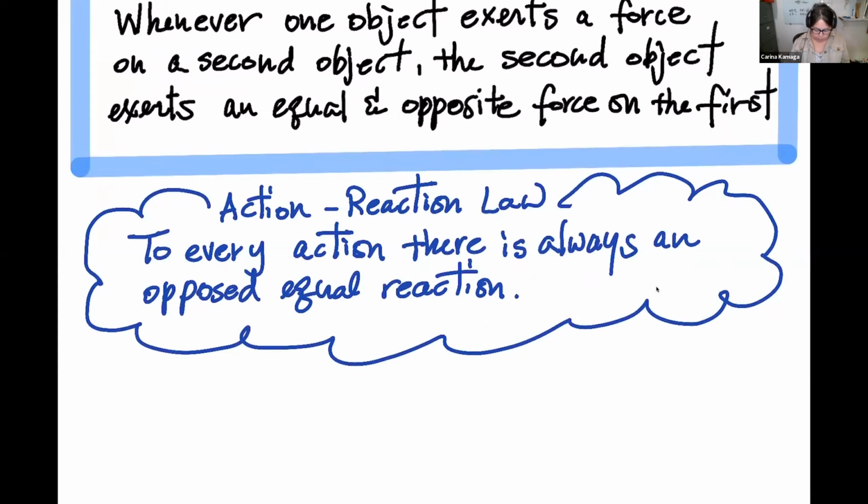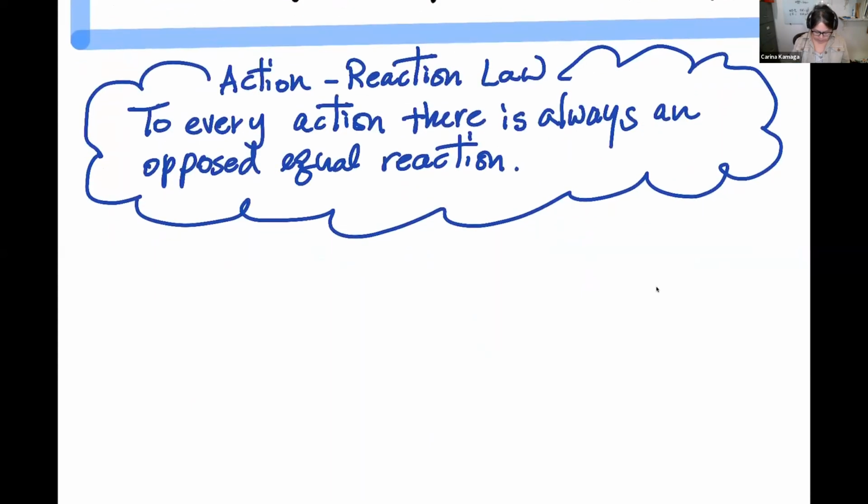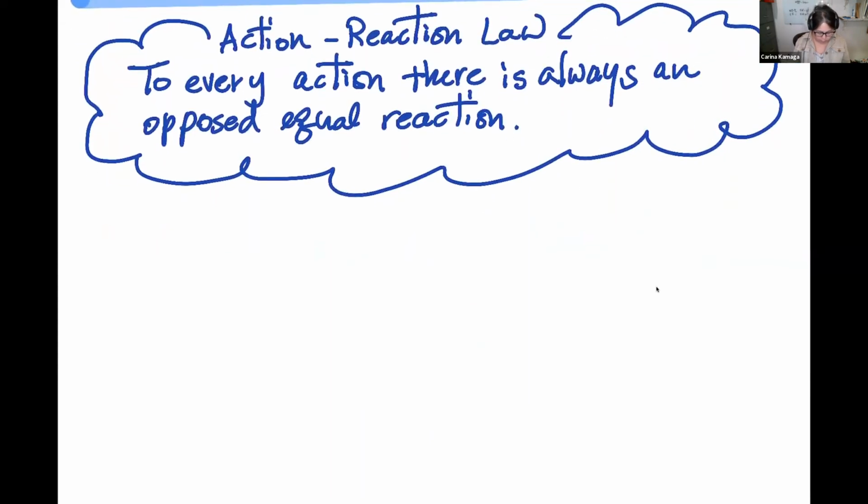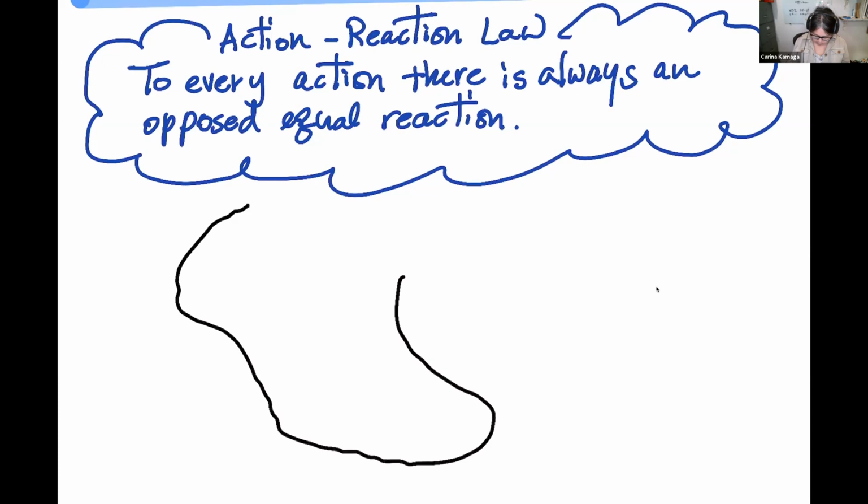Another example is something like this. We use Newton's third law of motion when we walk on the ground.